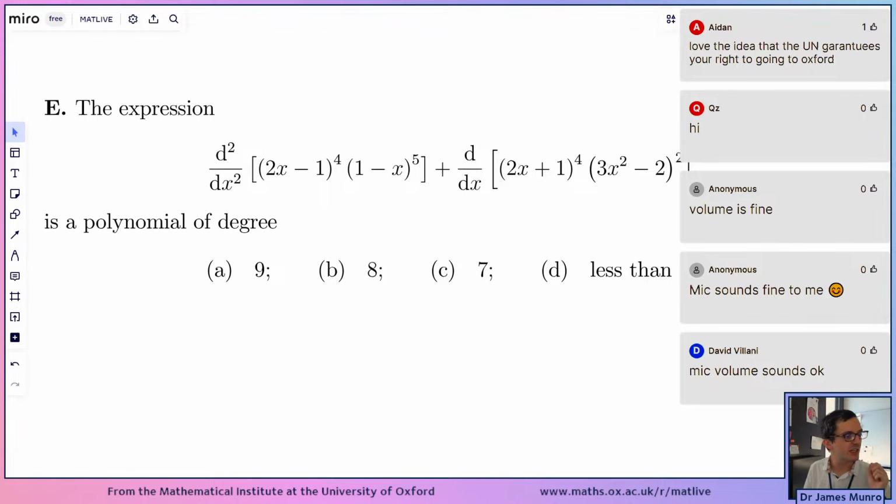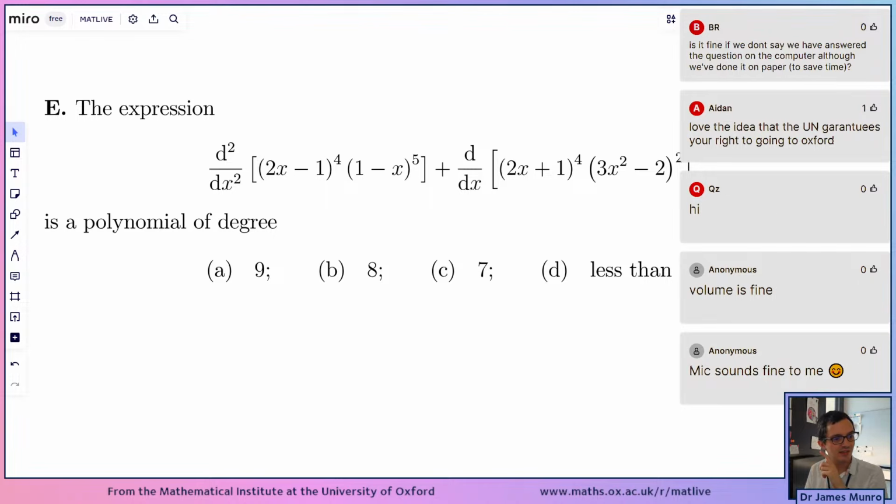Oh, BR says, is it fine to say the only thing we actually care about is the answers that you put on the paper? Yes. The clicky things on the screen are new and fancy technology, I'm not even sure that data is going to get to me. So it's not a problem if you do or don't tick the thing. The guides are there to help you out.